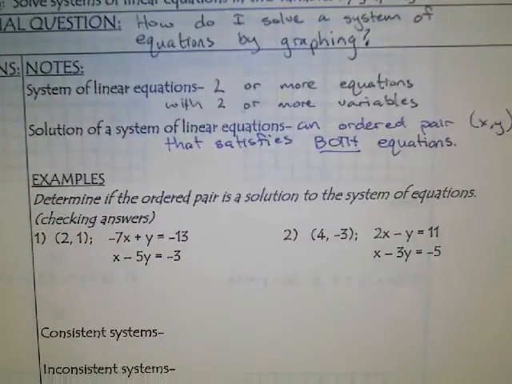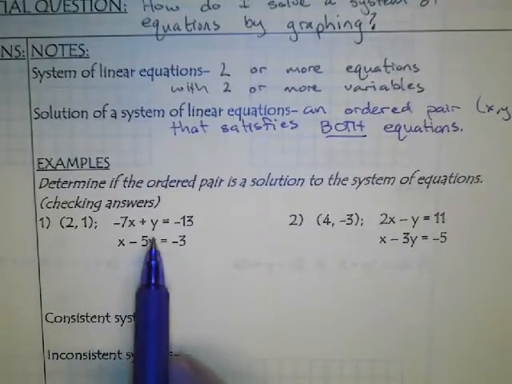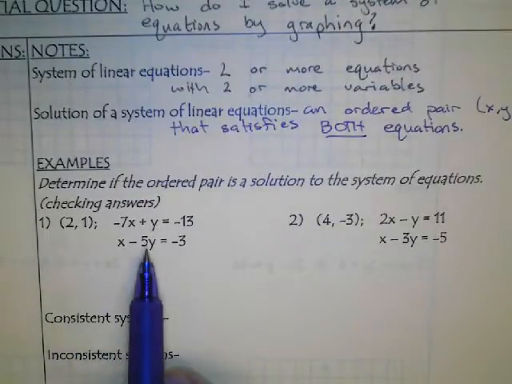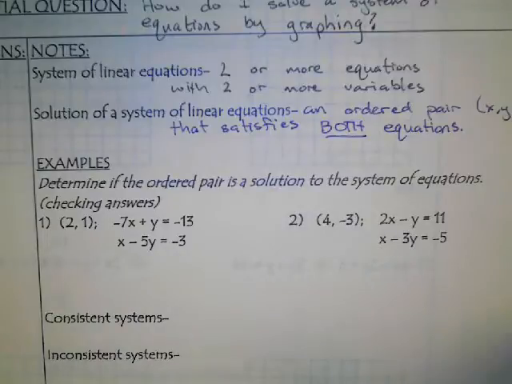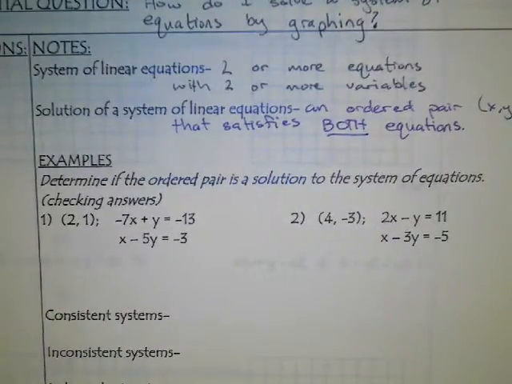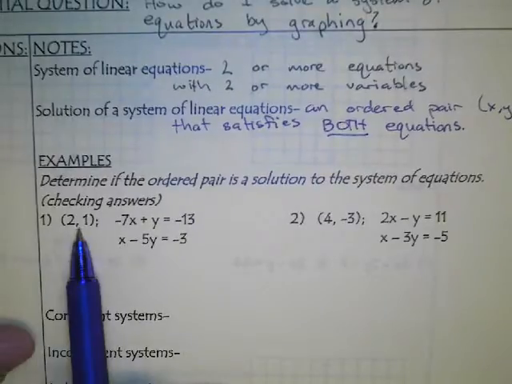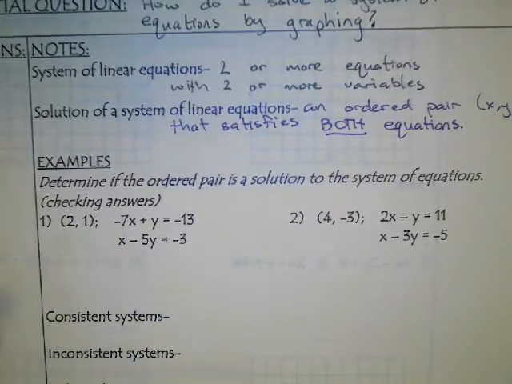So what that means is if I plug an ordered pair into both equations, is it true for both of them? So if I plug 2, 1 into the first equation and then 2, 1 into the second equation, do I get true statements from both? If I do, then I have satisfied both equations, and this ordered pair is a solution to this system. So let's check this.